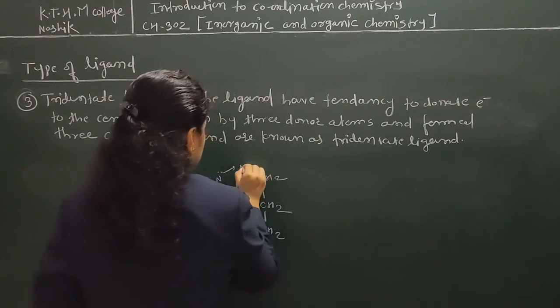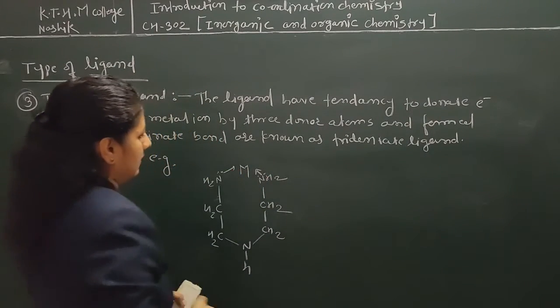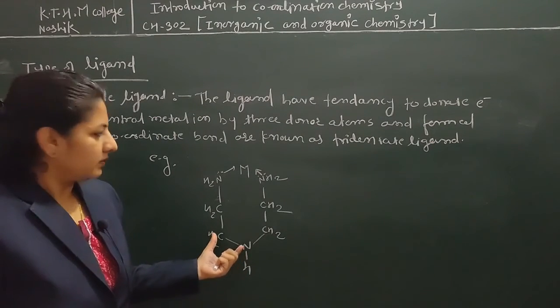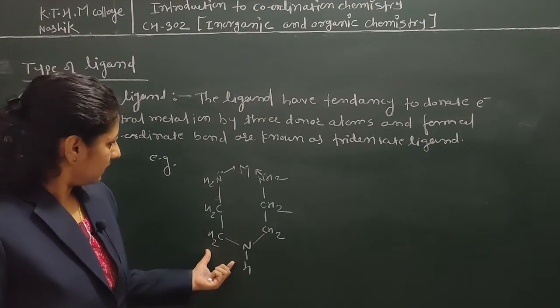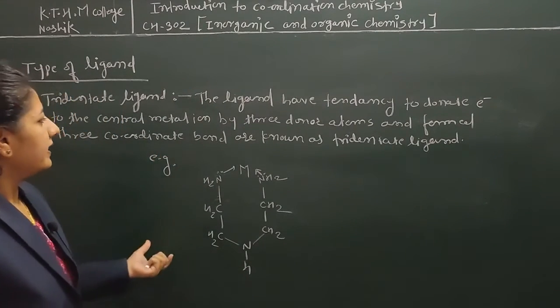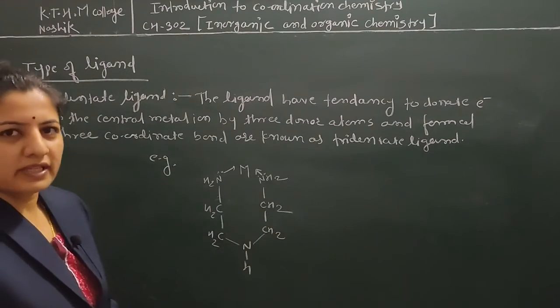So this is the central metal atom, and this is an example of the diethylene triamine tridentate ligand.